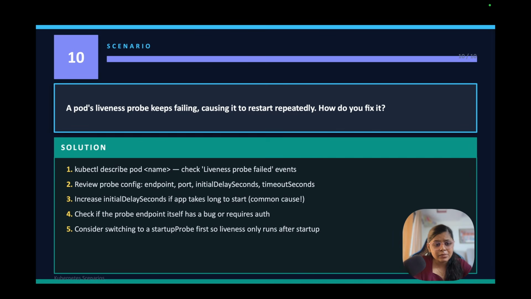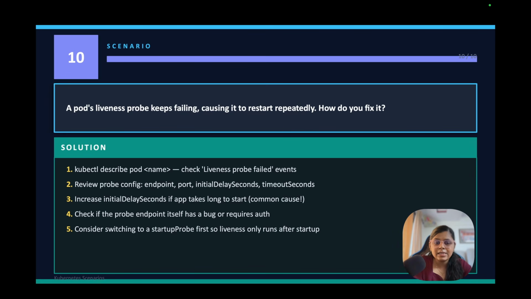You can also check if the probe endpoint itself has a bug or requires some sort of authentication. Sometimes authentication is required, so proper credentials need to be defined for that matter. So we need to consider that as well. Then the next thing is to consider switching to a startup probe first, so liveness only runs after the startup.